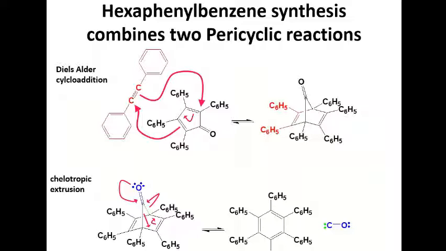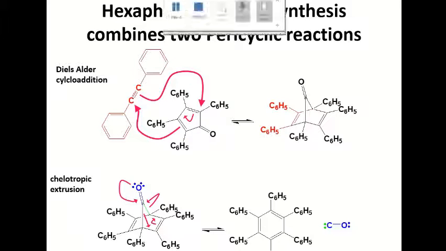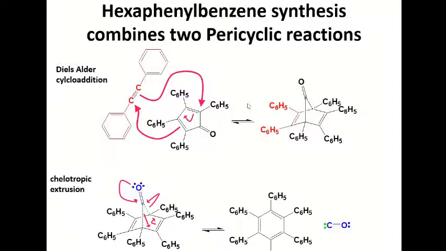The hexaphenylbenzene synthesis combines two pericyclic reactions. First, the Diels-Alder cycloaddition, which involves the reaction of the diphenylacetylene triple bond and our previously synthesized compound, the cyclopentadienone. This will form the corresponding six-member ring compound with a carbonyl group taken out to the 3D dimension.